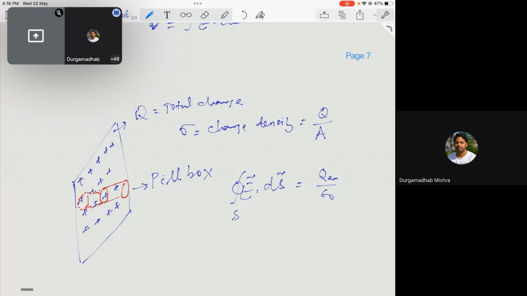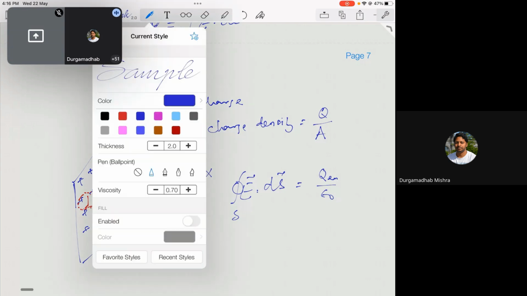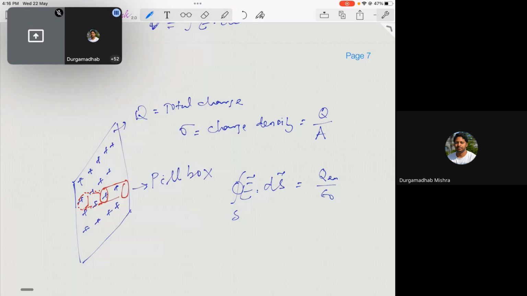If it is a positive charge, the electric field will always be going away from this positive charge distribution. So this is the direction of the electric field. Similarly on the other side, the direction will be away from the sheet as well.